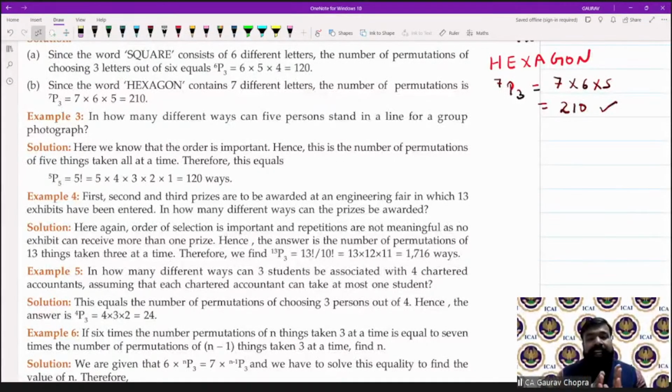But for the second one, only 4 places are available. For the third one, 3 are available. So we can multiply them: 5 into 4 into 3 into 2 into 1. In short, we can write factorial 5, or 120.